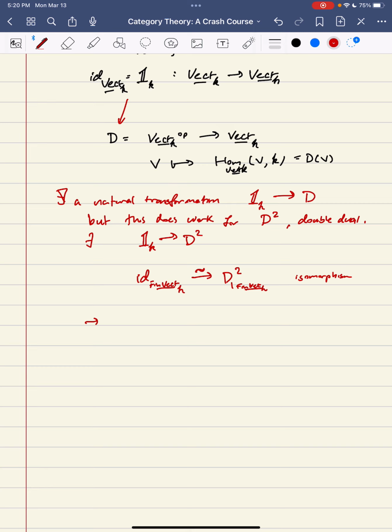And the way you phrase that is that a finite dimensional vector space is naturally isomorphic to its double dual.